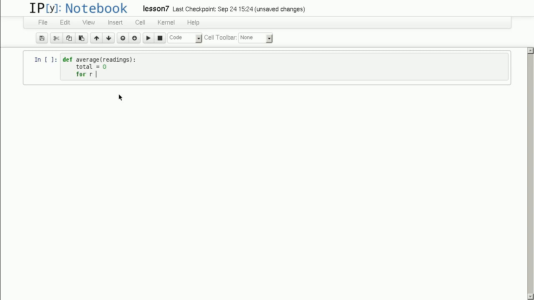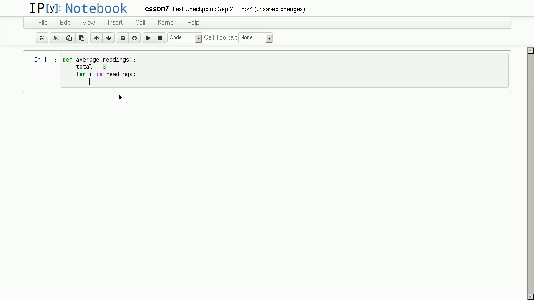I'll say for r in readings, which means I'm going to loop through every reading, no matter how many there are, and in this loop, each time I'll set r to that particular reading. And then I'll take total and add r to it.